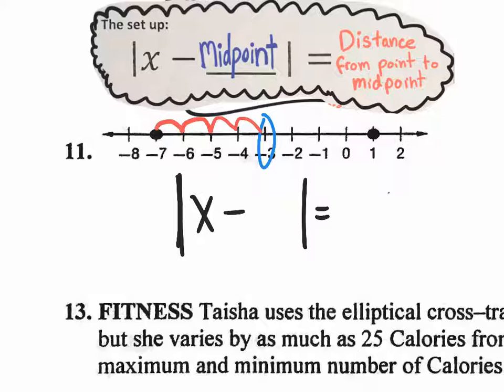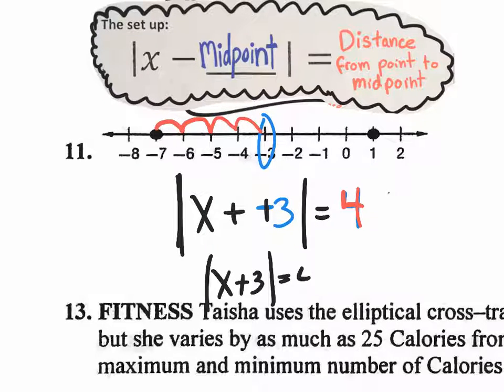So inside, the midpoint value is negative 3, and the distance from the point to the midpoint is 4. Let me do that in red. And that's it. The only other thing you could do is change your minus minus to plus plus. So the best looking equation is x plus 3 inside the absolute value equals 4. That's the best looking equation for number 11.